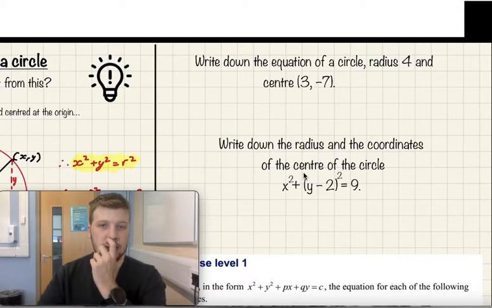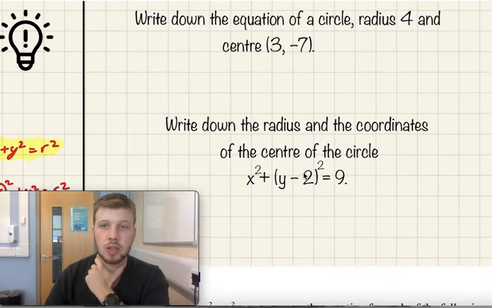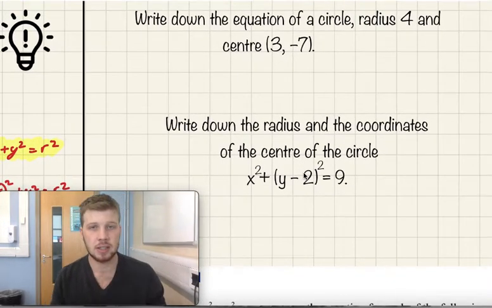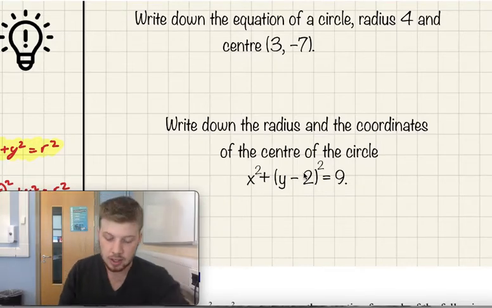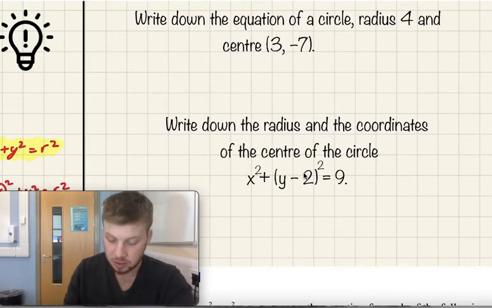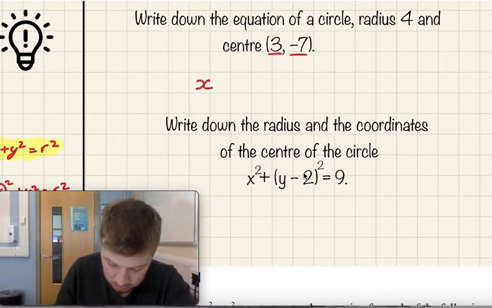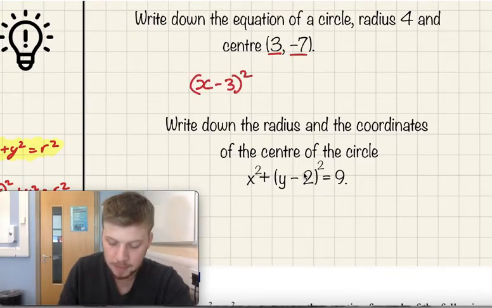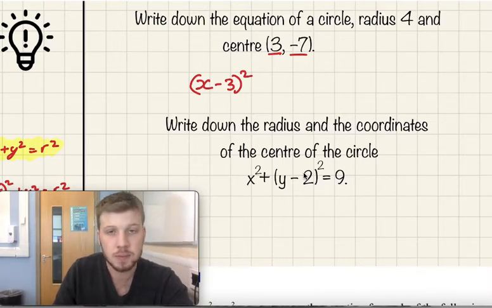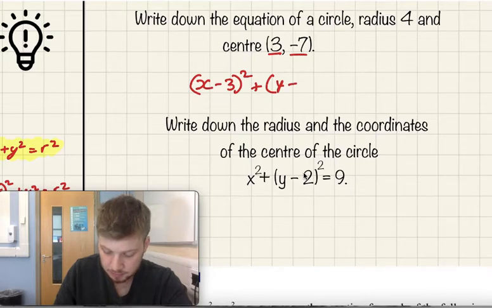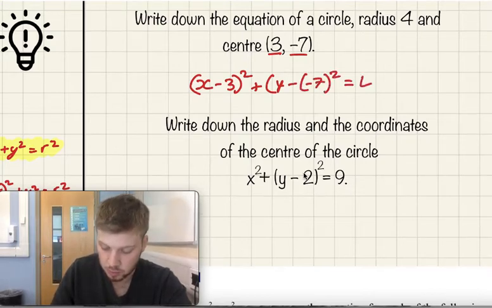I've got two questions. Write down the equation of a circle with a radius of 4 and a centre (3, -7). So straight away, I can work this out using that (x minus a) squared. Just be careful with your negatives. So this is (x minus 3) squared, and then it's going to be plus (y minus -7) squared is equal to my radius, which is 4 squared.